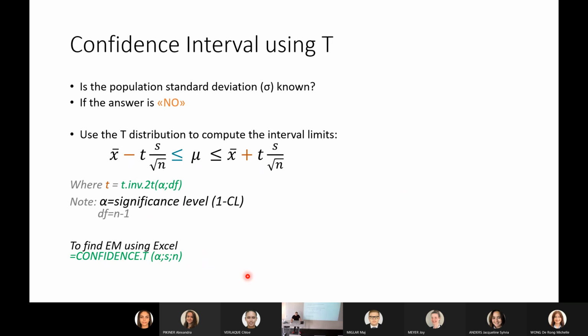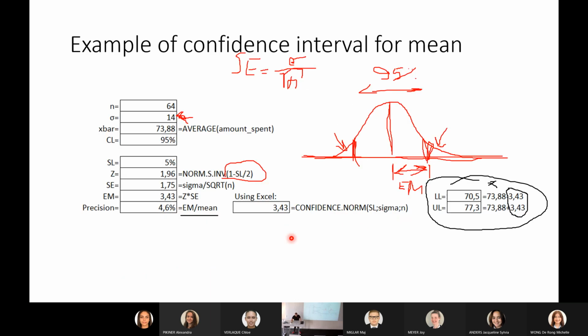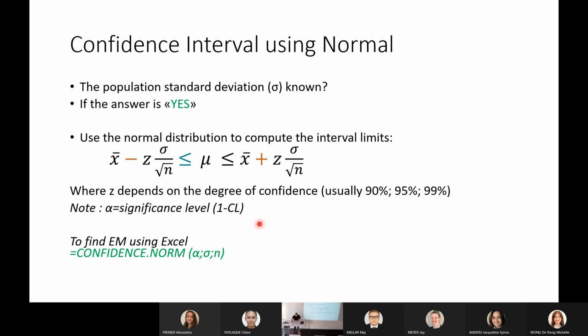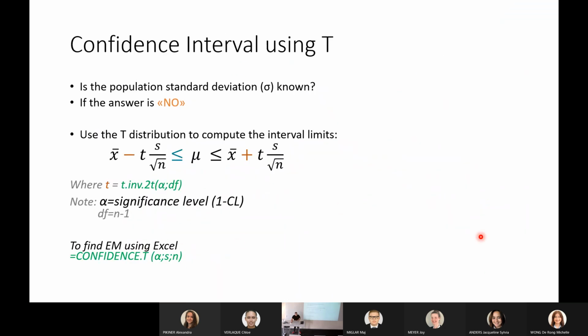What's the difference between sigma, as we have here, and the S that we have here? Anyone knows the fancy difference between S and sigma?